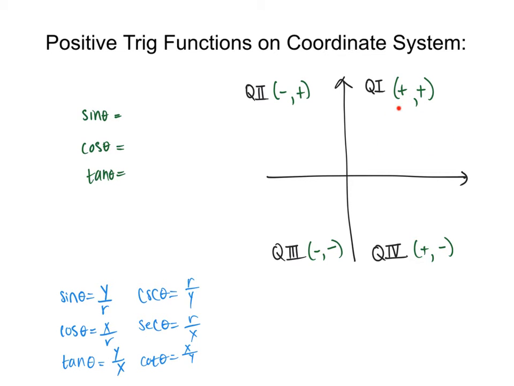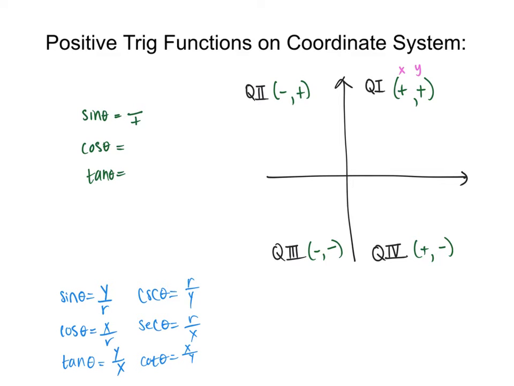So in the first quadrant, notice how sine is y over the radius. Well, like we said, the radius will always be positive, so whatever number that is, it's always going to be a positive number. Whereas on the first quadrant, the x is positive and so is the y.